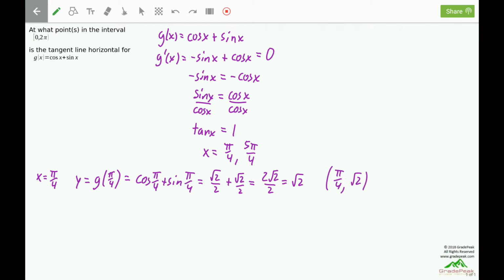There's one location. The other one is the x-coordinate of 5π/4. 5π/4 is in the third quadrant.